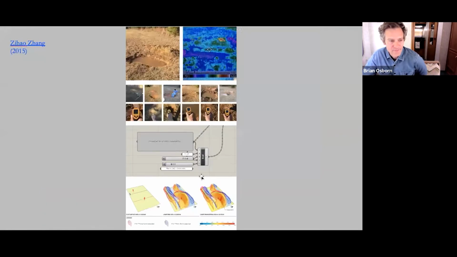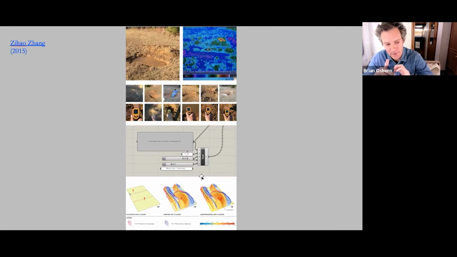I don't know if Zihao Zhang is still there, but he was in this class as well. He was interested in the direction of slopes and the severity of slopes and the relationship of that to thermal conditions on site. So he made a series of manipulations to the ground plane and was trying to understand what those manipulations did in terms of the thermal conditions.